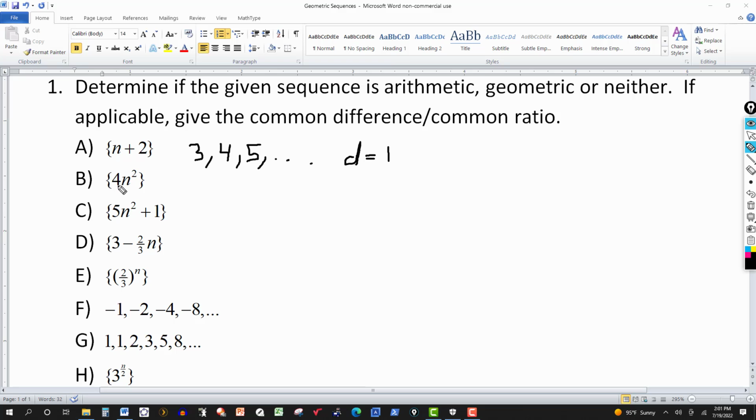Okay, for B, it's 4n squared, so we can just pick values. Put 1 where the n is, we get 4. Put a 2, 2 squared is 4, times 4 is 16. And put a 3 where the n is, 3 squared is 9, times 4 is 36.